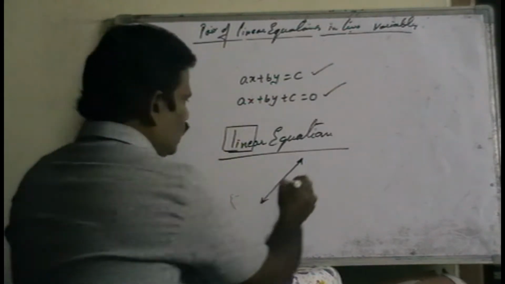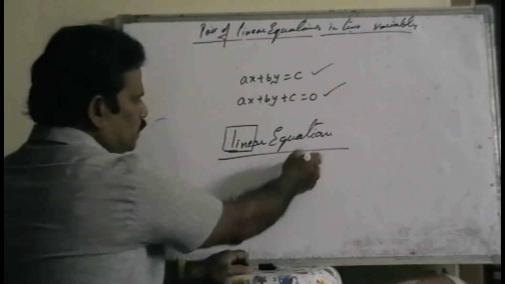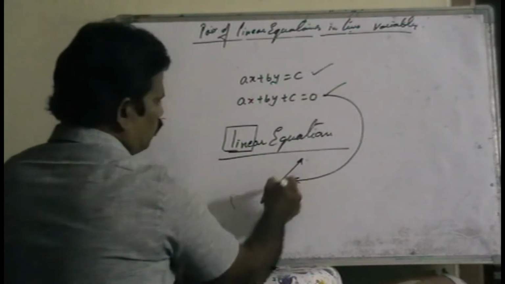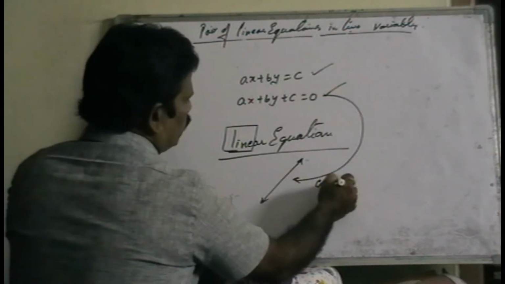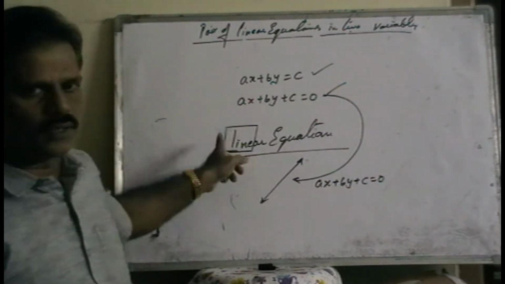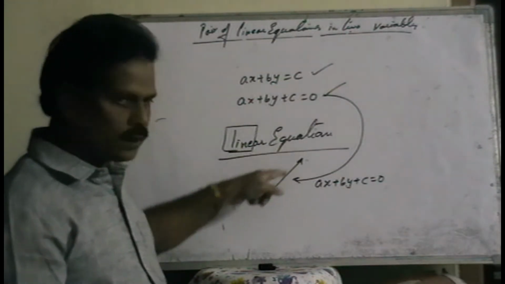That means every linear equation represents a straight line, and its general form is ax plus by plus c is equal to 0. So a linear equation is nothing but a line equation only.